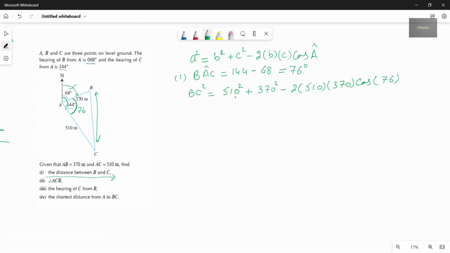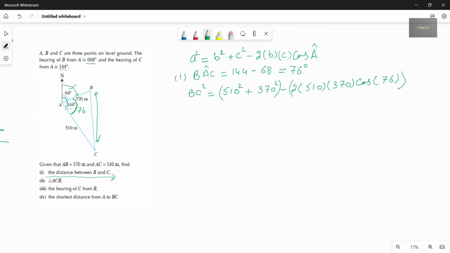Now in the previous video I told you that you have to calculate these two parts separately and this whole expression separately, right? Most of the students got wrong answers when they type it at once on the calculator.